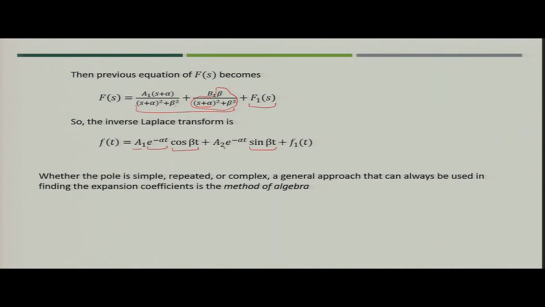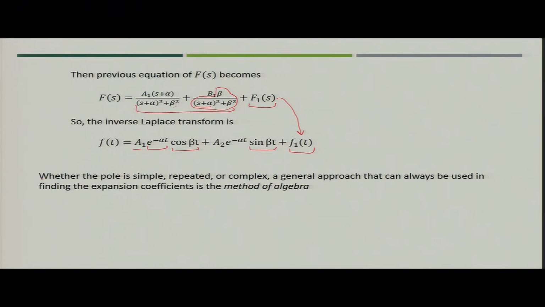So, you will simply write a2 e to the power minus alpha t sin beta t plus some function f1(t), which is the inverse Laplace transform of F1(s). So, when you have complex poles, you can rearrange the expressions in a particular fashion, then you can easily find the inverse Laplace transform.